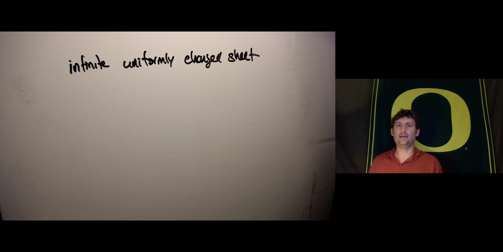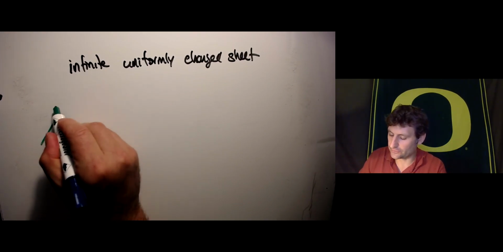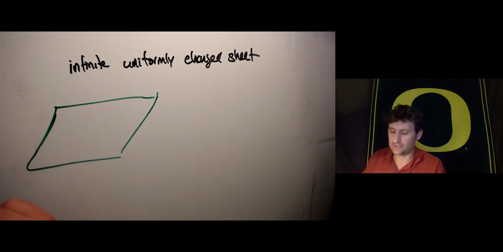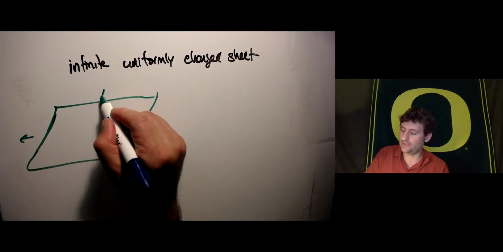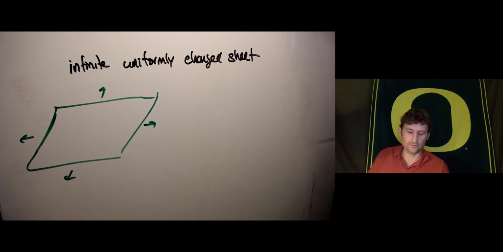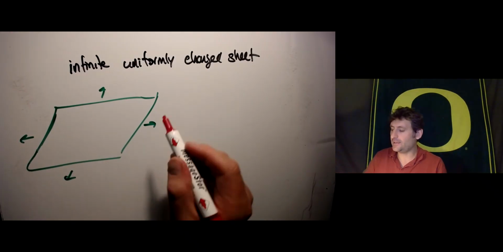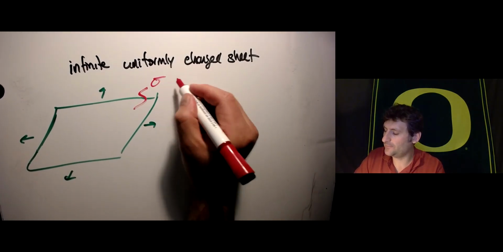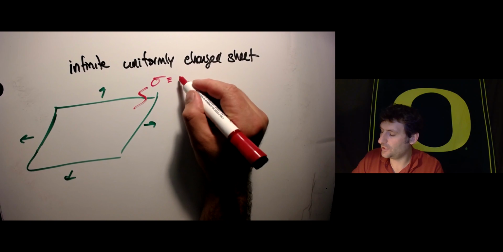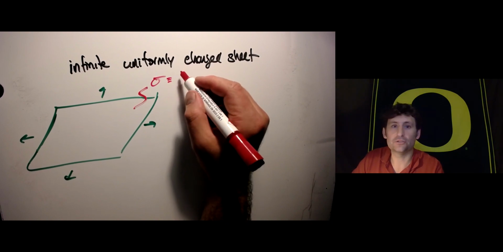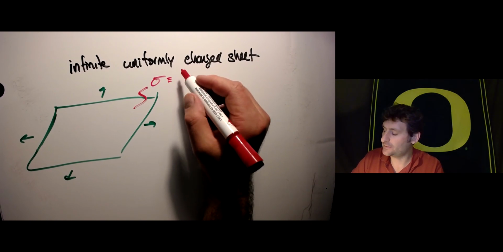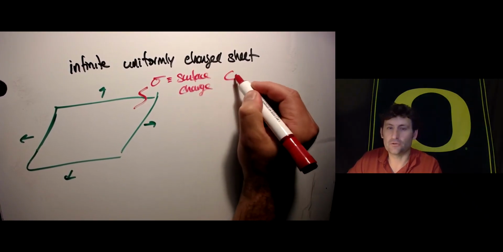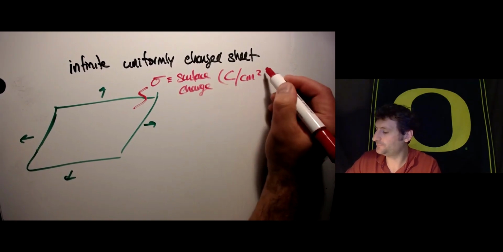Imagine I have a two-dimensional sheet. Here's just a piece of it, right? There's a piece of my sheet, and it goes infinite in both dimensions. And this sheet has some charge on it, and usually we call the surface charge sigma, and this is usually in, for example, coulombs per centimeter squared. Let's define this. This is the surface charge, and this is going to be coulombs per centimeter squared.